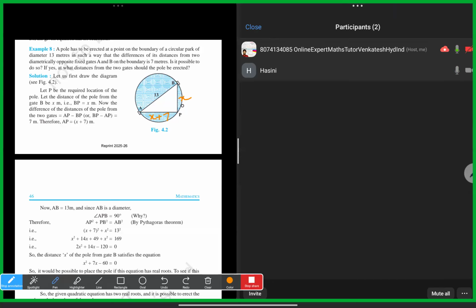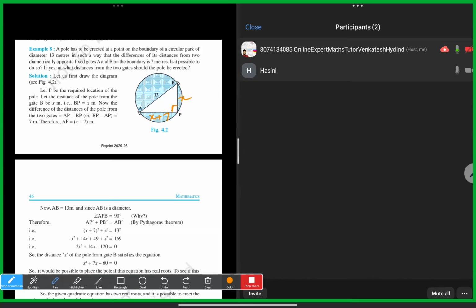Now, like I said, AP and BP are the line segments joined to point P, the place where the pole is. These line segments form an angle. That angle lies in a semicircle because these line segments are formed by connecting the endpoints of the diameter of the circle.